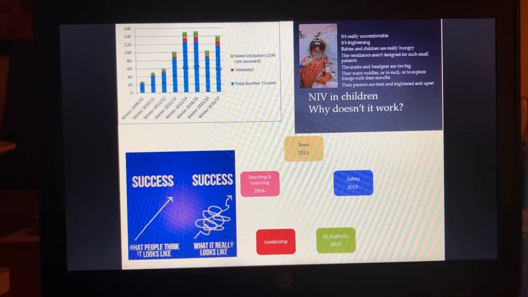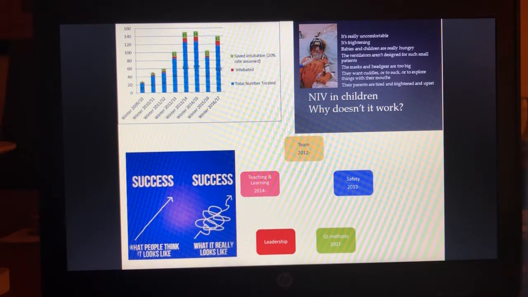In the blue, you can see the total numbers of children we treated. The red shows the number that were intubated. Around this time, there were publications suggesting that intubation rates for bronchiolitis in children who had respiratory support were in the region of 17 to 20%. So we were able to estimate how many children we had perhaps saved from being intubated, and you can see those numbers in green.